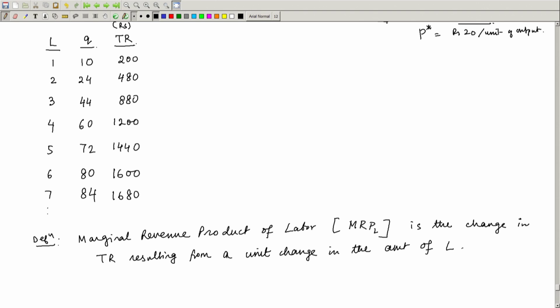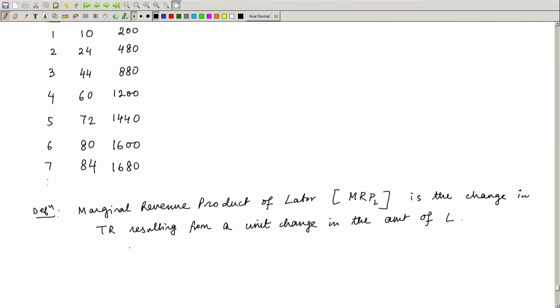So, I have some amount of labor, and I have changed the amount of labor by a unit. The marginal revenue product of labor is the change in total revenue resulting from a unit change in the amount of labor. So, a delta L change in labor is going to lead to a delta TR change in total revenue.